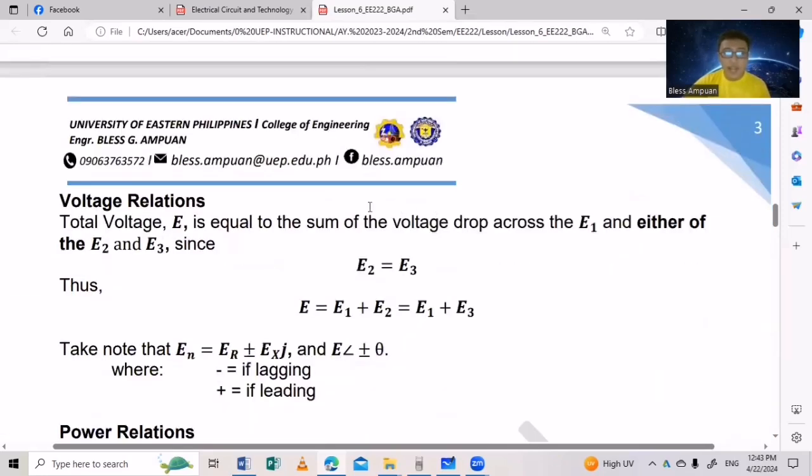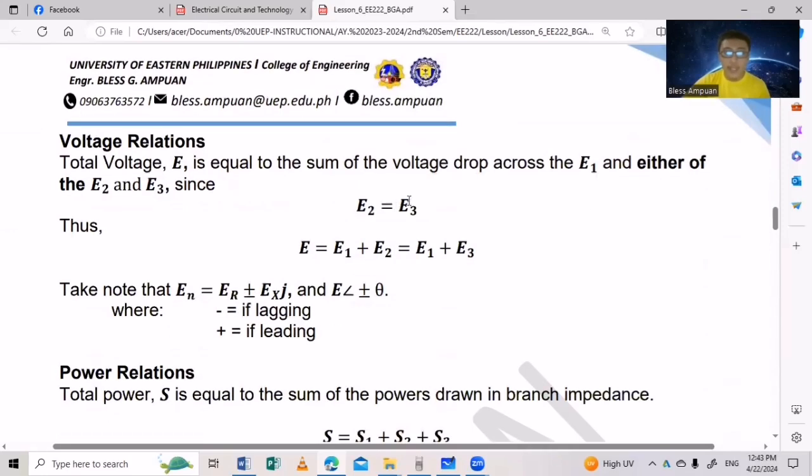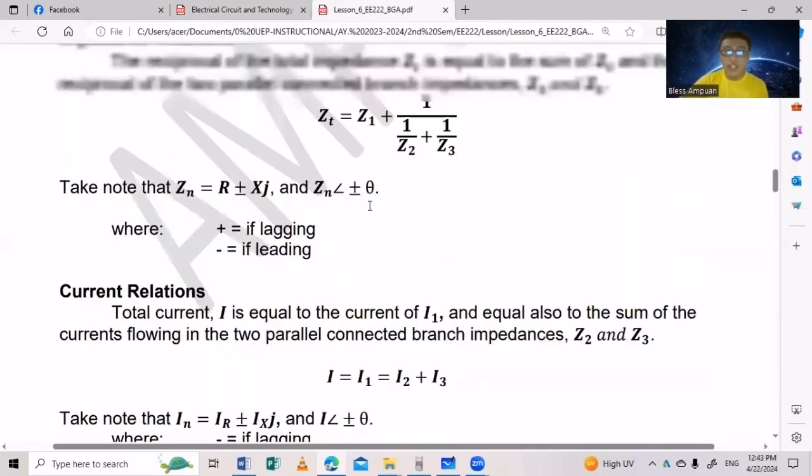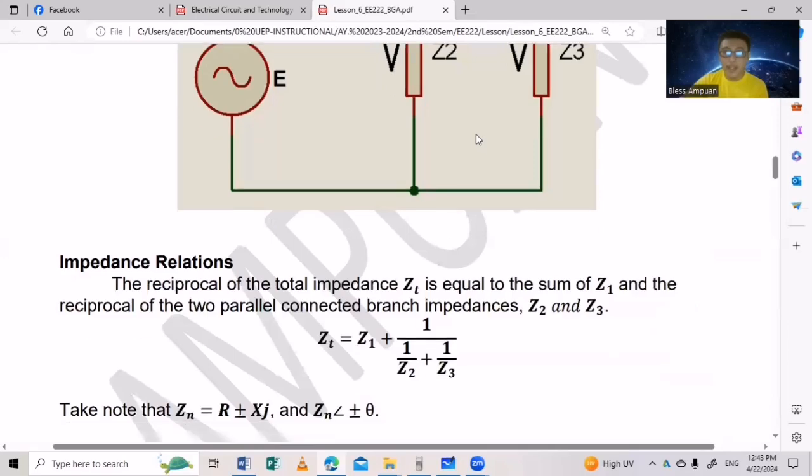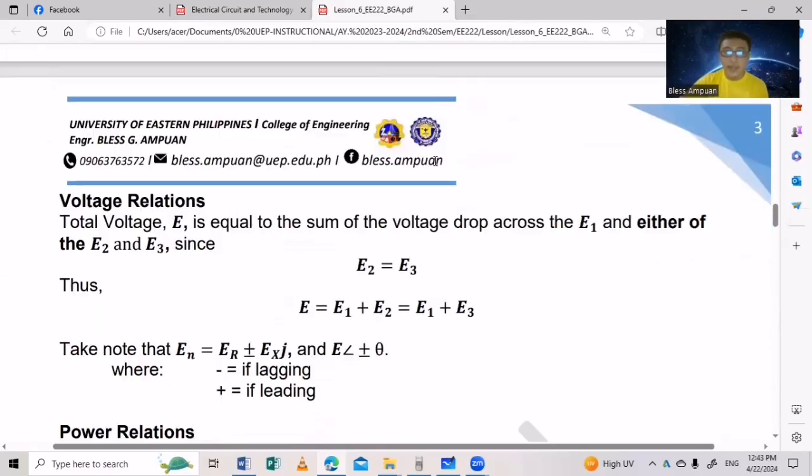And for the voltage relation, again, we know that in the circuit, the voltage drops for the two connected in parallel, Z sub 2 and Z sub 3, are equal. And also, our total voltage is equal to E sub 1 plus E sub 2.